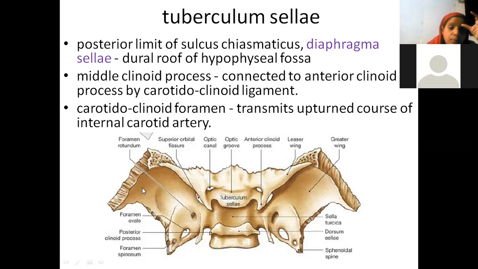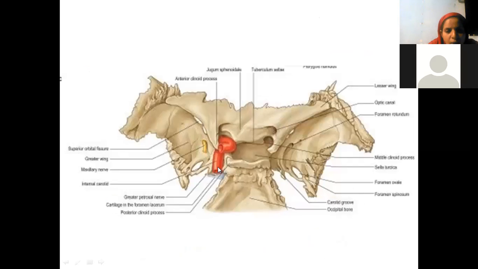There's also the foramen vesalius, which is there but not so clearly visible. We will discuss it. You can see how the internal carotid artery is grooving. It passes through the carotid canal, then foramen lacerum, and then lies on either side of the sella turcica.